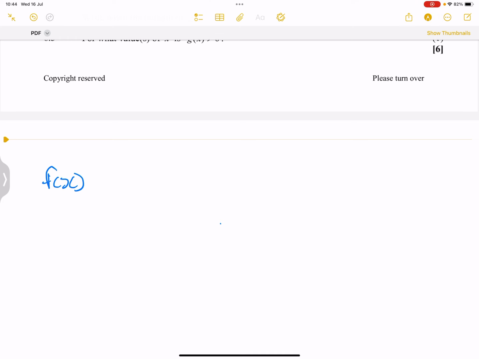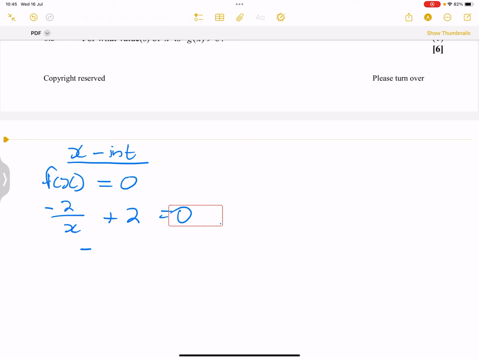For the x-intercept, we know that y is equal to 0. So which means negative 2 over x plus 2 is equal to 0. And let's try to solve it. So that's negative 2 over x, which will be equal to negative 2.